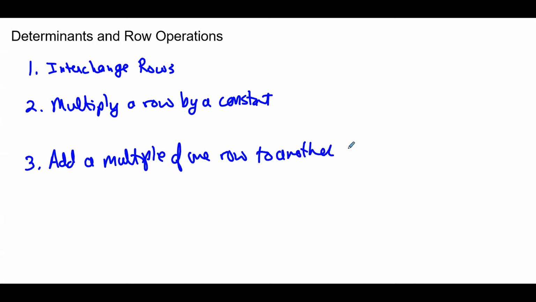These are the three things you can do when doing row operations. So how does this affect the determinant?